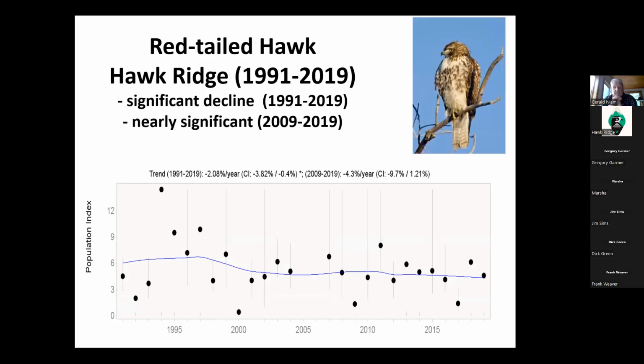Okay, let's go to another buteo, the red-tailed hawk. Again, these first species will all be from the 1991 to 2019 period. This indicates actually a significant decline of the red-tailed hawk from the 1991 to 2019 period, and it's nearly significant from 2009 to 2019, but not a significant decline. I'll get to this also as a summary at the end.